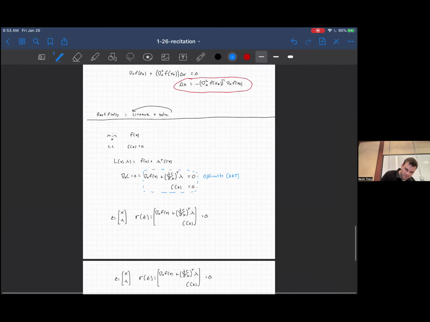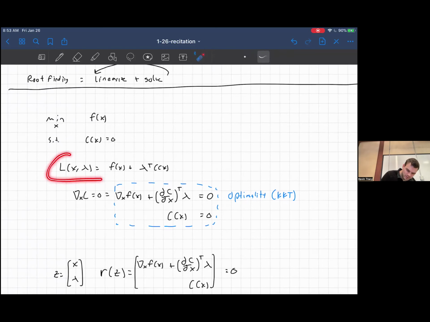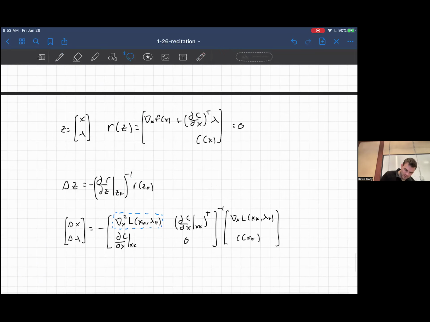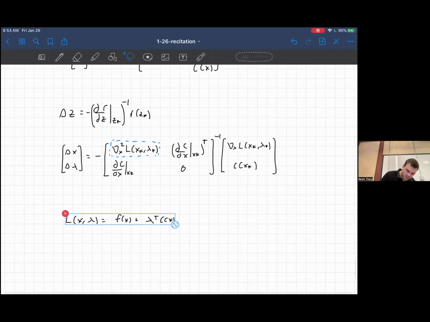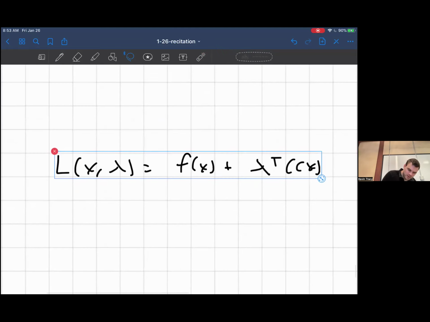So earlier I wrote that this is our Lagrangian. So what does the Hessian of our Lagrangian look like? First let's form the gradient.